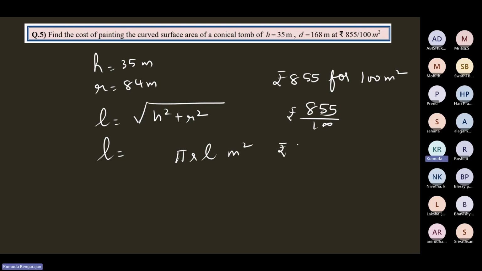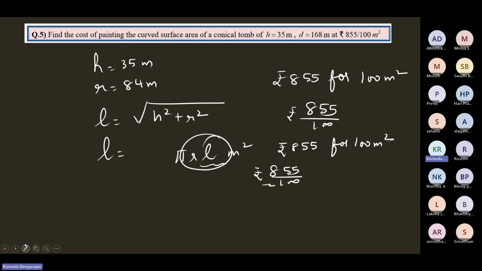What is given is rupees 855 is the rate for 100 meter square. For 1 meter square, it will be 855 by 100. So this is the rate for 1 meter square. So after finding pi RL, multiply this area by this rate to get the total cost.